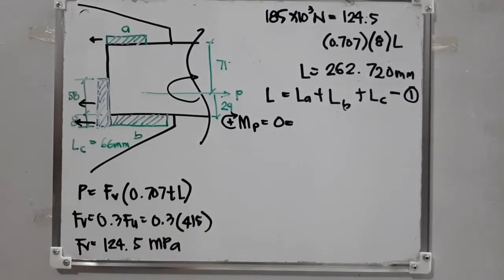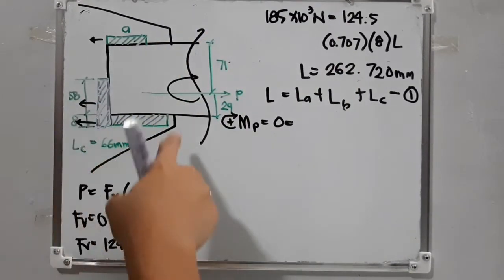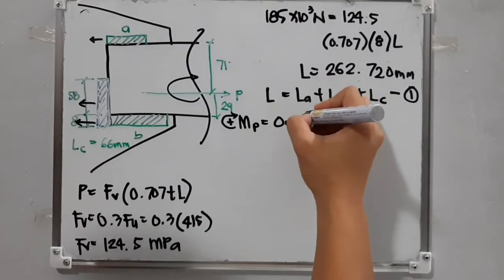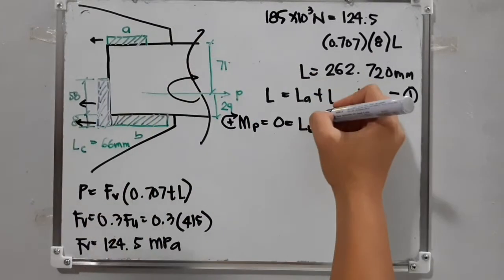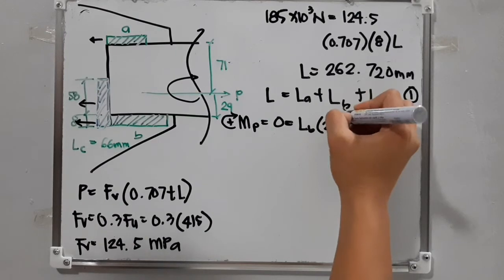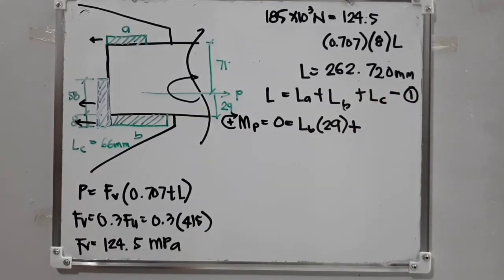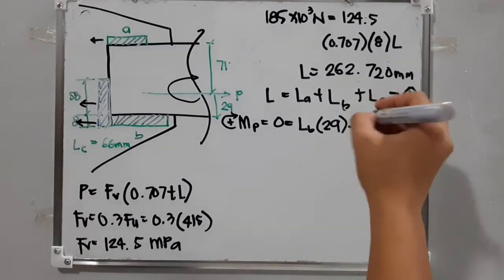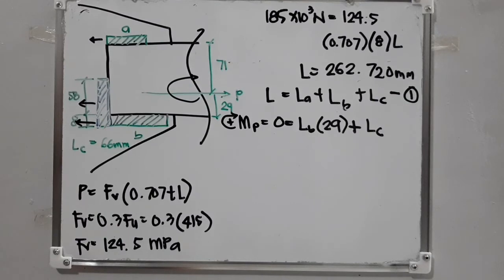Our first one is LB, which is positive, and its moment arm is 29. Plus LC, which is positive also, times its moment arm.